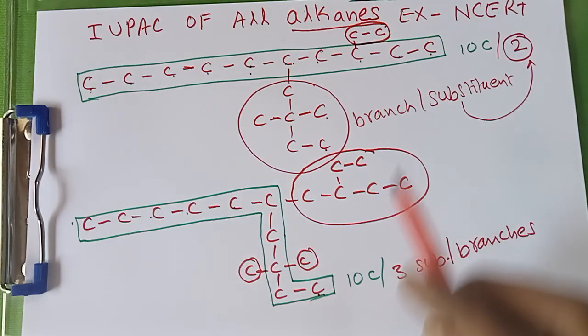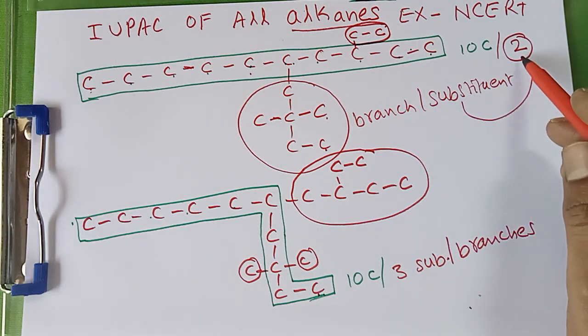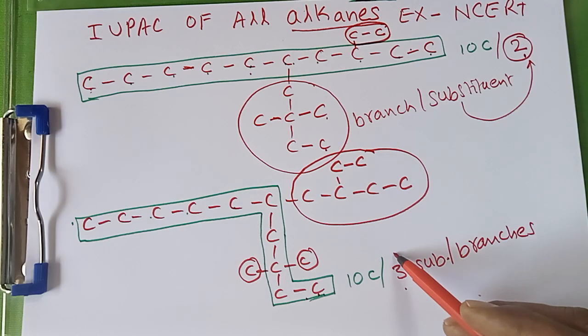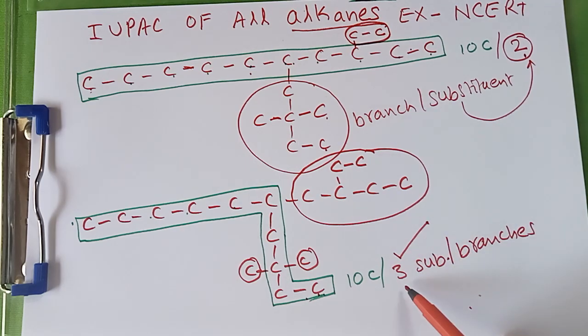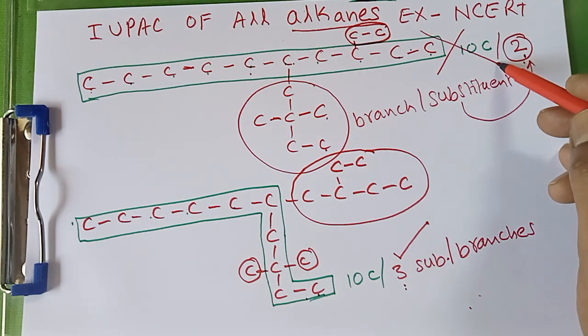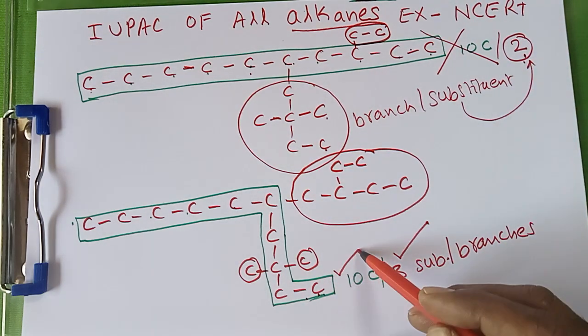So with the same number of carbons in the parent chains, this parent chain has 2 branches, this parent chain has 3 branches. So the one with more branches is selected as the parent chain. 3 branches is more compared to 2. So this is not the parent chain, and this is the parent chain.